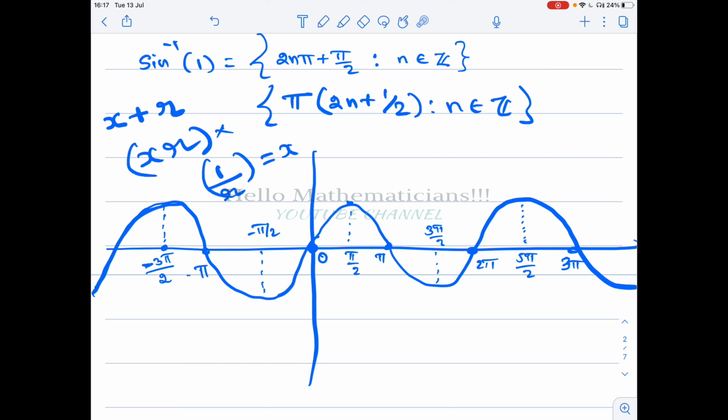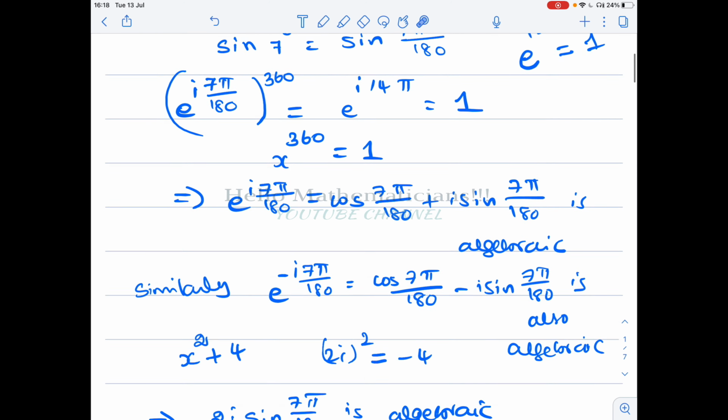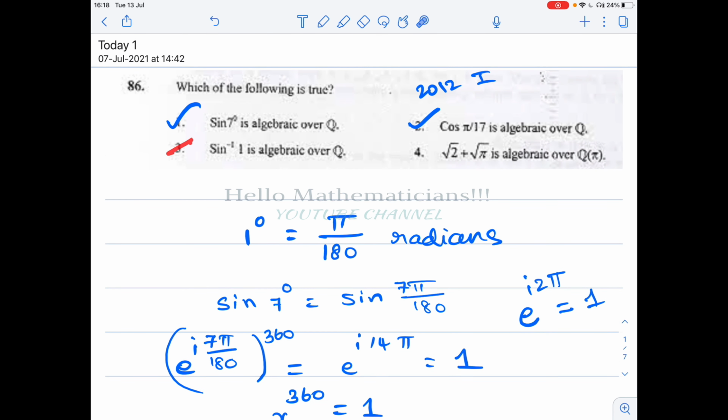Therefore, XR cannot be algebraic. So if you add an algebraic number to a transcendental number, it remains transcendental. If you multiply a non-zero algebraic number with a transcendental number, it remains transcendental. Rational numbers are algebraic, but pi is transcendental. So a rational times a non-zero algebraic times pi is transcendental. Therefore, all these numbers are transcendental. So we conclude that sine inverse of 1 is not algebraic over Q.